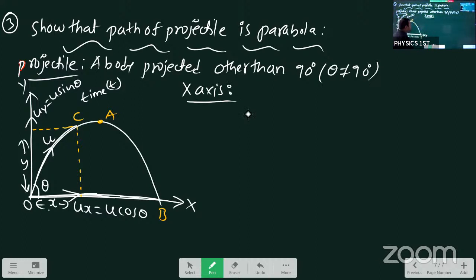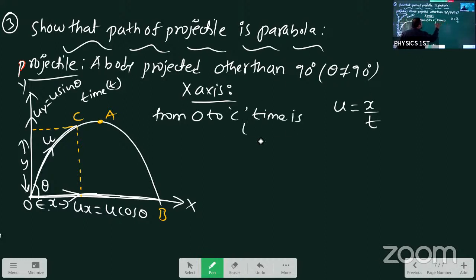You know very well that velocity equals displacement by time. Same from O to C, time taken is small t.